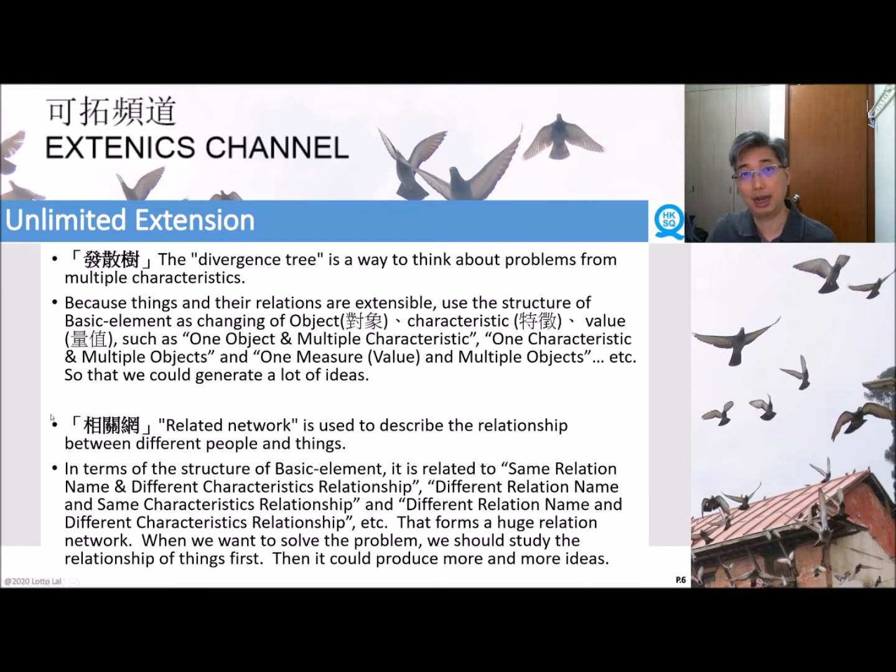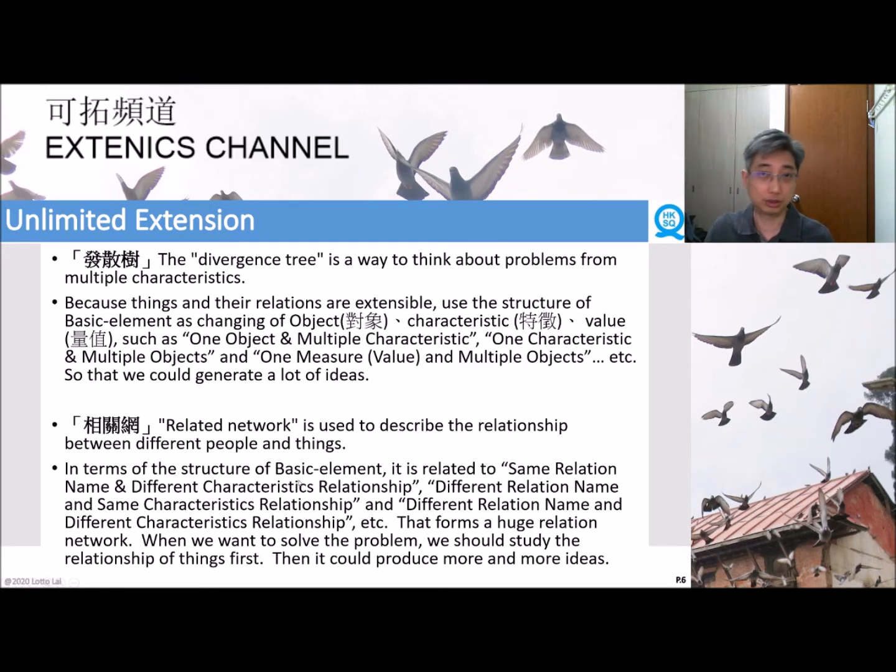The second extension analysis is named the related network, or correlative. It's used to describe the relationship between different people and things.